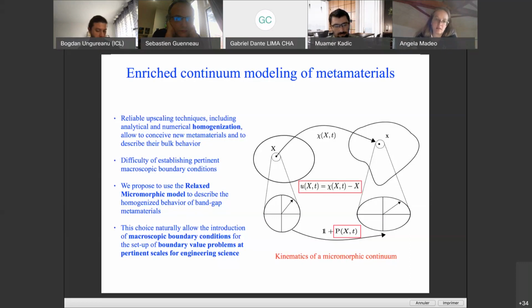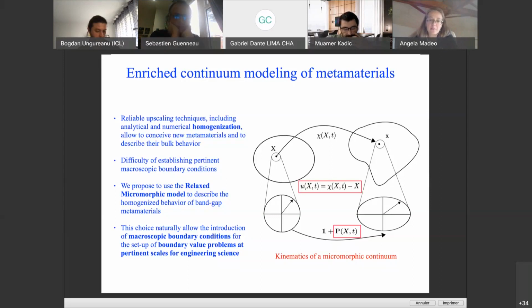But now we do something more, and we extend the kinematics of the continuum by saying that at each material particle, capital X, is associated a kind of microstructure in a general sense by introducing a new map, which is this tensor P, which depends, of course, on the material particle position.